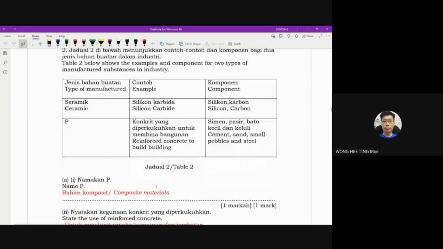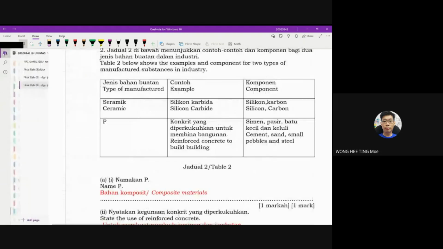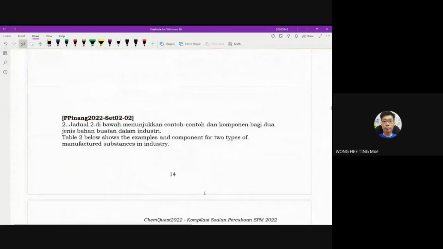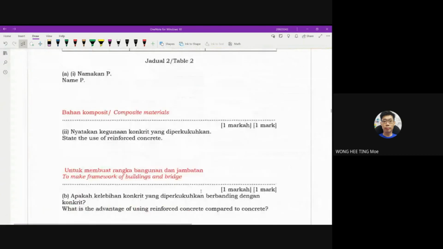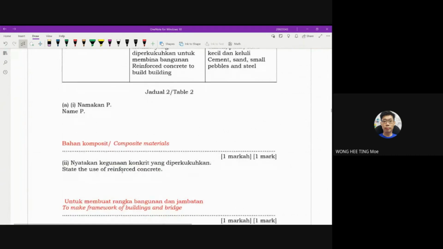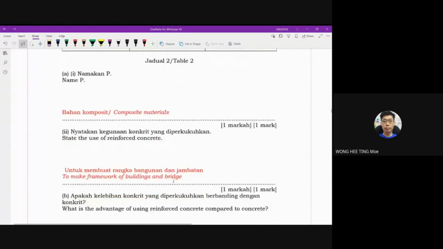Now state the use of the reinforced concrete. Reinforced concrete is used to make the framework of buildings, especially high-rise buildings, and also to make bridges. What is the advantage of using reinforced concrete compared to concrete?